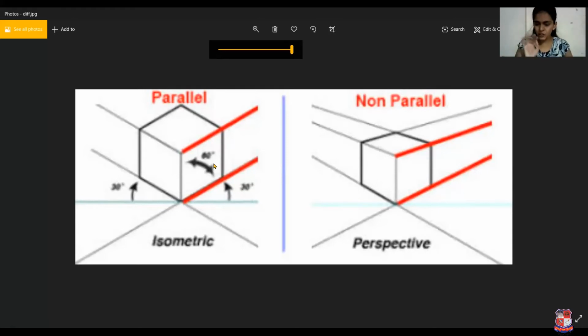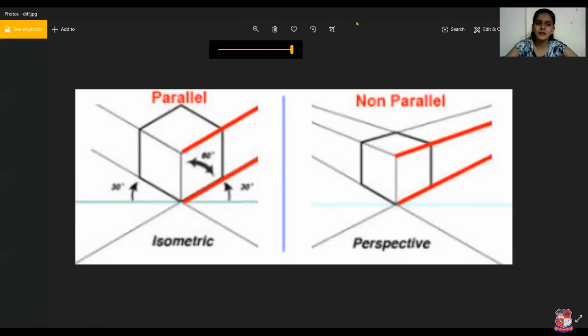So in any cubical object, you are going to have three sets of parallel lines that will always be parallel in isometric view. But for perspective view, they will look like non-parallel lines as shown in the figure. So this is the main difference: parallel and non-parallel lines.